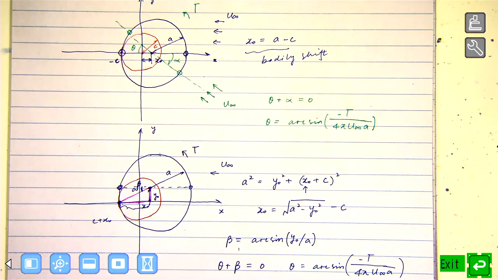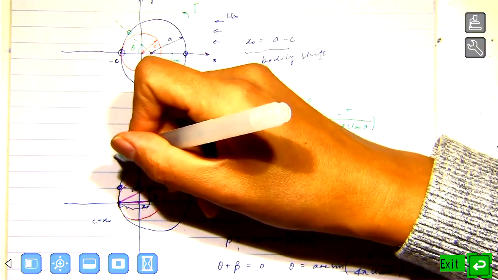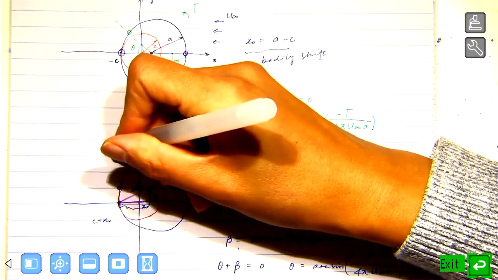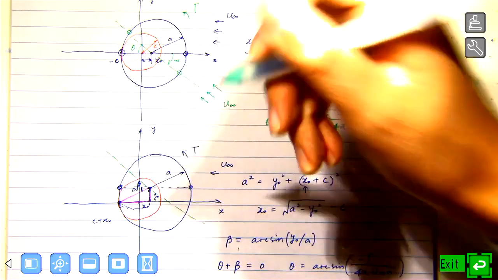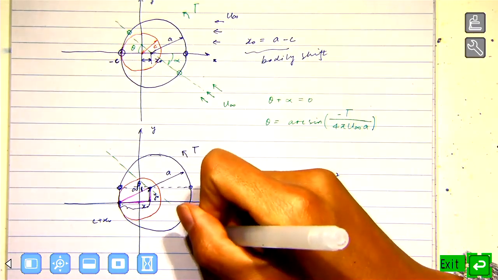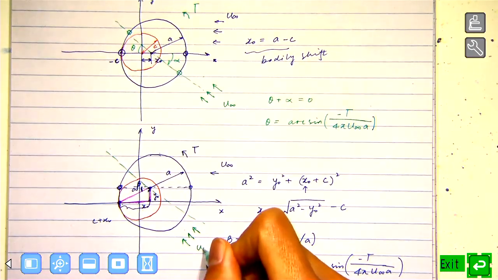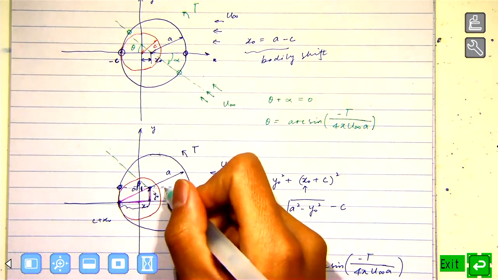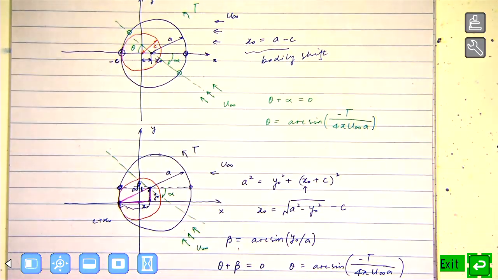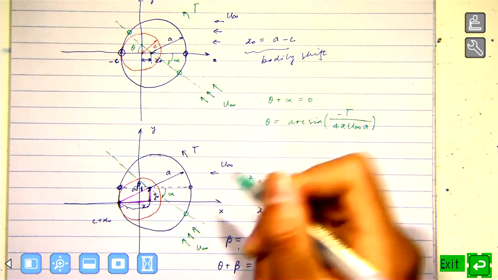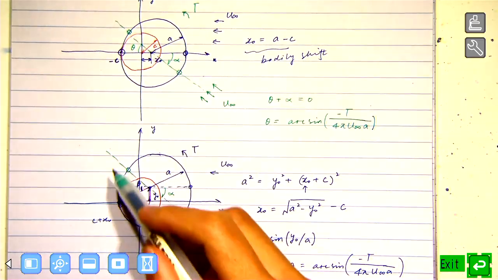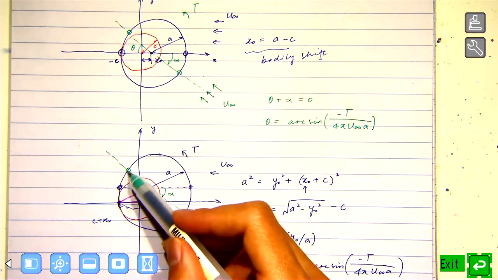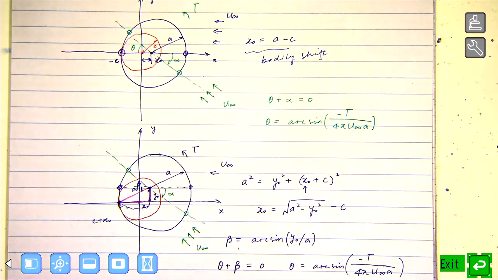So what if we rotate the incoming flow just like we did previously? We can consider this. U infinity is coming along this direction now. And again, I'm going to call this angle alpha, the angle of attack. So now the true stagnation point has been relocated to these two places, the two green circles.